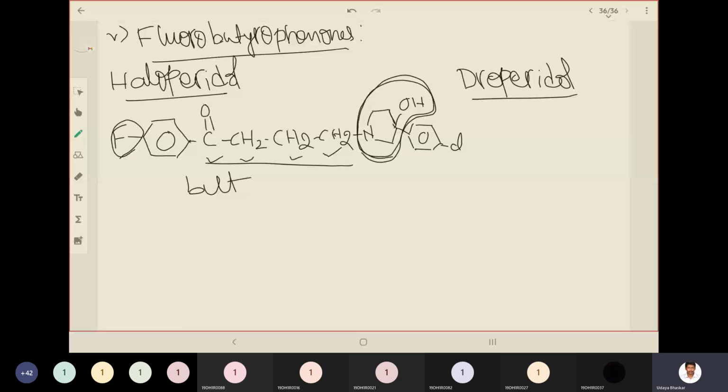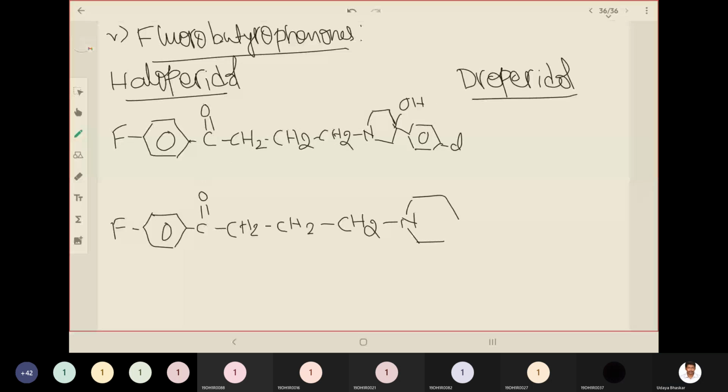Let us see the structure of droperidol. I'll draw droperidol beneath the structure of haloperidol. Same here, fluorine, and the link is the same: CH2, CH2, CH2, and you have a piperidine.